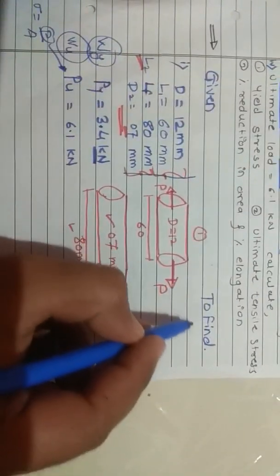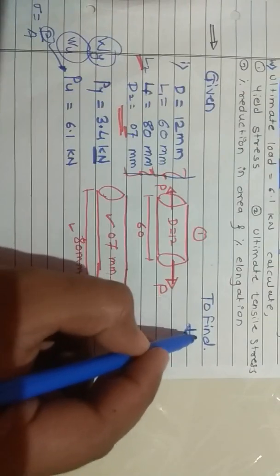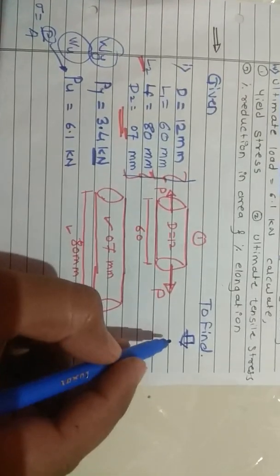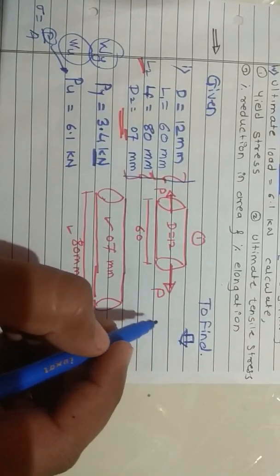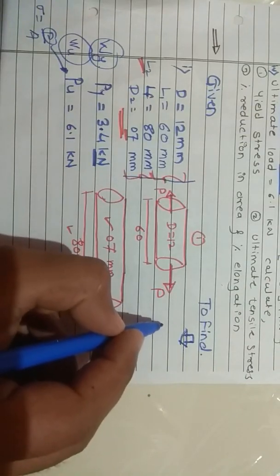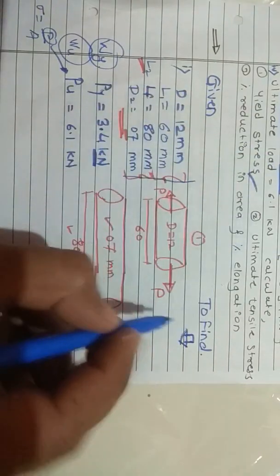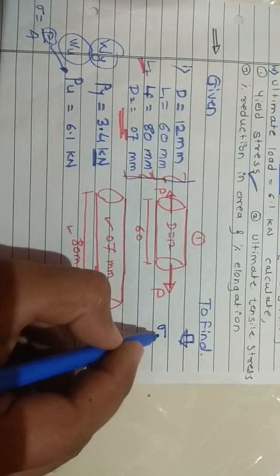And the next stage, that is to find, what we have to find. This is also an important one, because here we can have different formulas. First point is your yield stress, and stress is denoted by sigma.